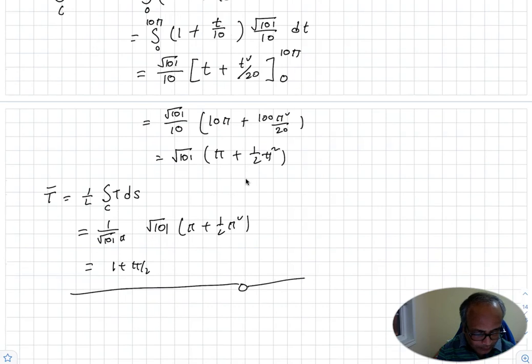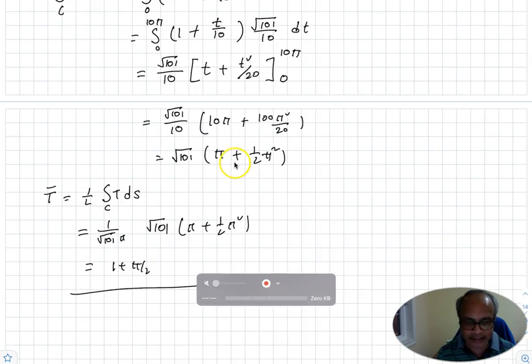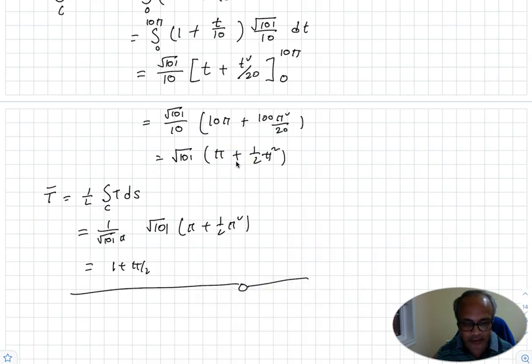Okay. So hopefully this is clear and should cover sufficiently how we can solve path integral of scalar valued functions, integral f ds. We have covered two important points. One point is that the parameterization can be different. As long as it is correct, the integration will be the same regardless of the parameterization.